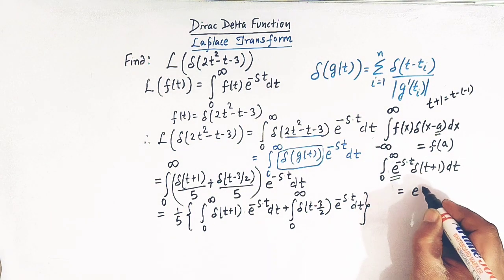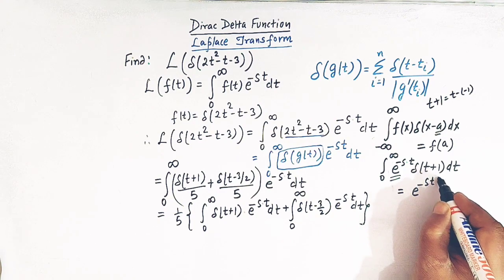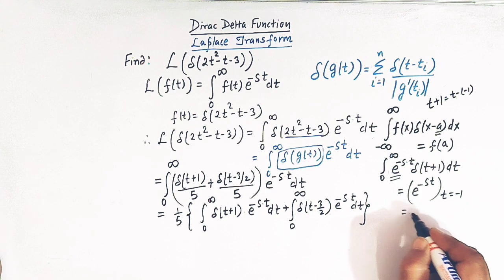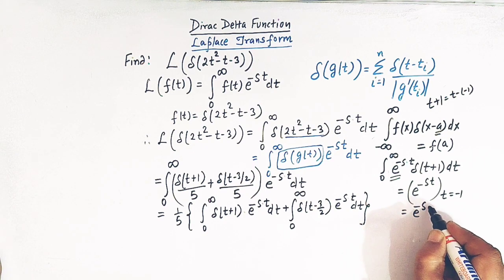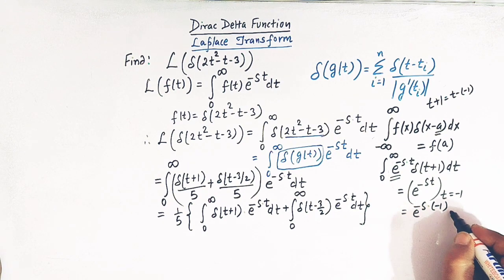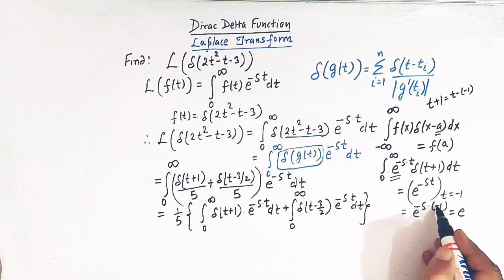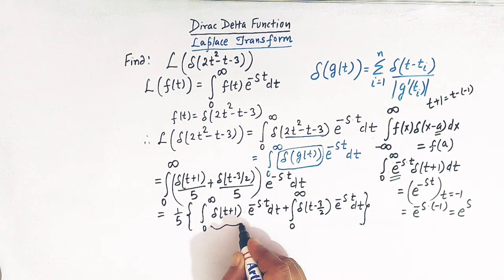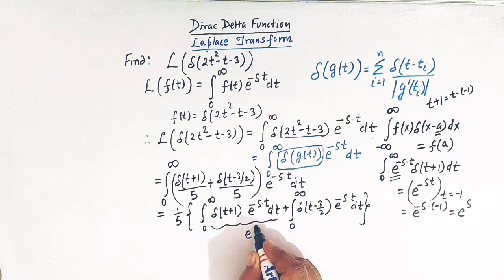So the value of this integral is e raised to minus s t, with t equal to minus 1. So we have e raised to minus s times minus 1, and minus minus is plus, so we have simply e raised to s. So the value of this integral is e raised to s.